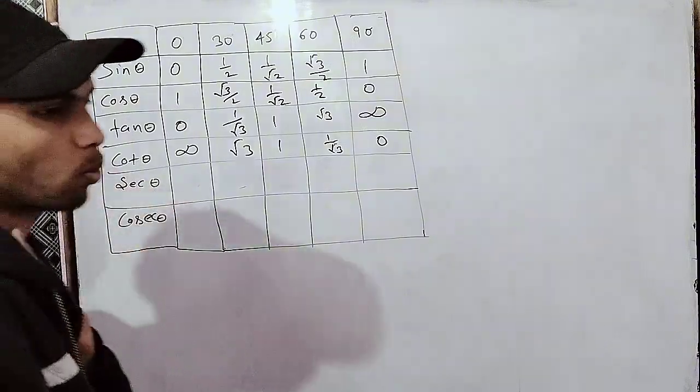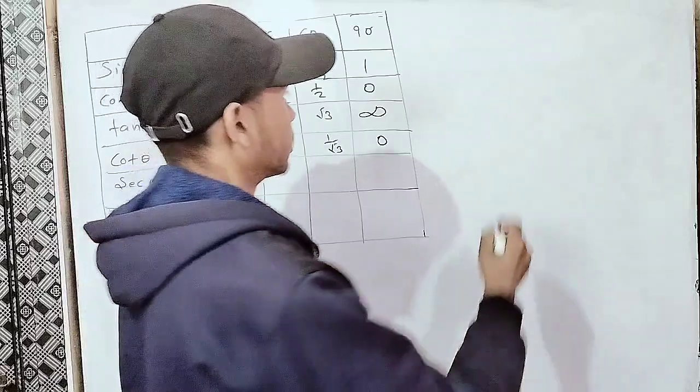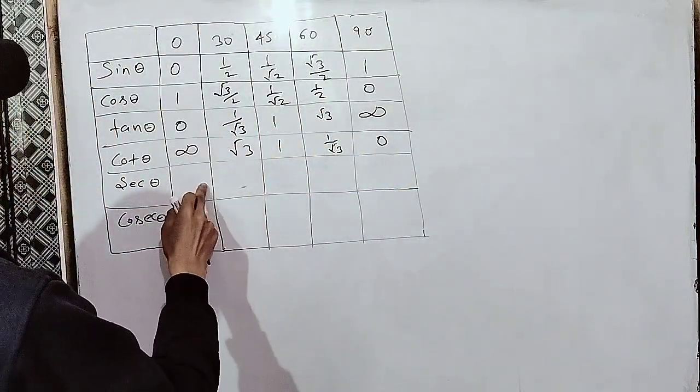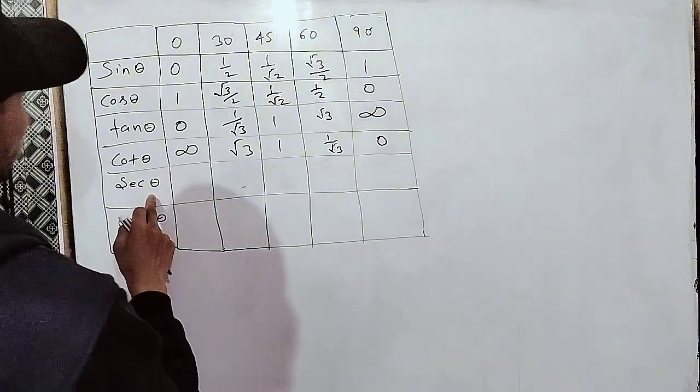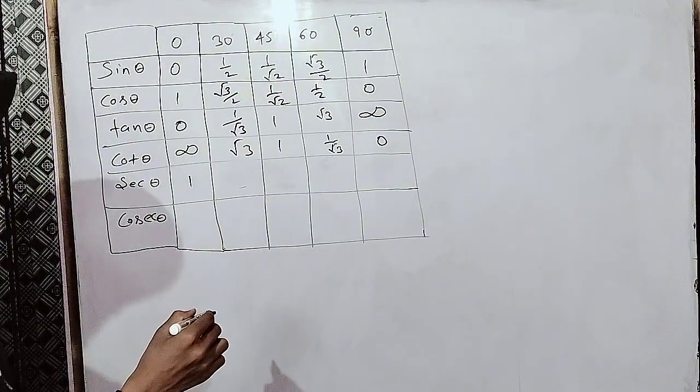Sec theta means 1 by cos. So 1 by cos, which would be 1. Am I right?